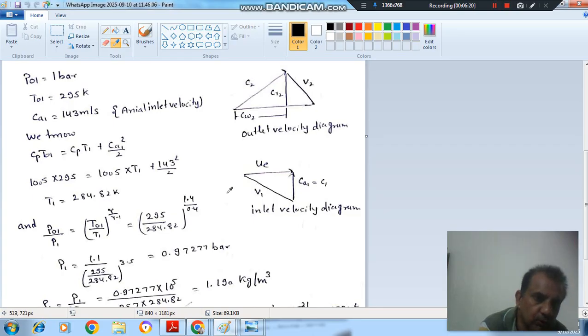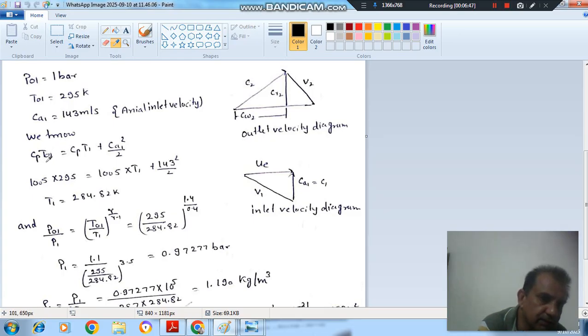Okay. So now given data are P01 is given as 1 bar and T01 is given as 295 Kelvin, and this axial velocity is given as 143 meters per second. From this velocity of air, we can find out the static temperature T1 by using the energy equation.